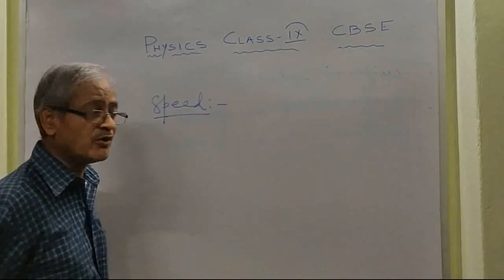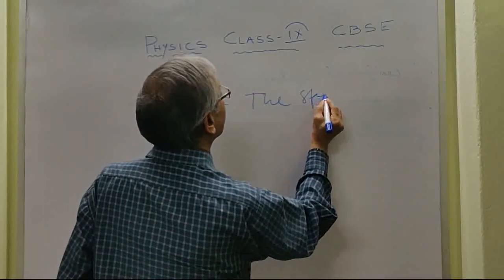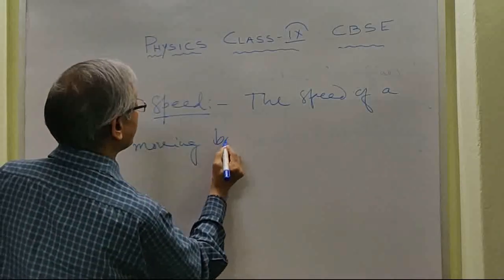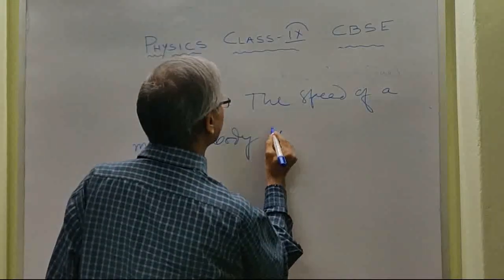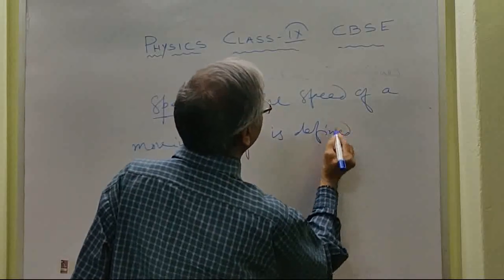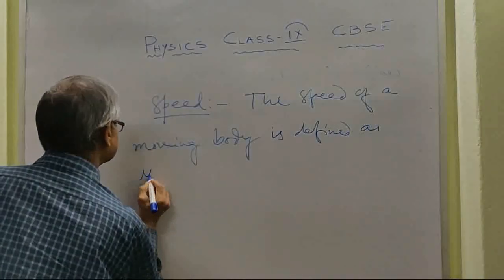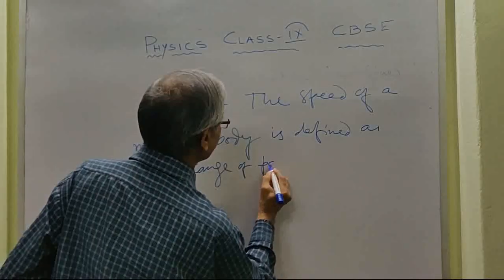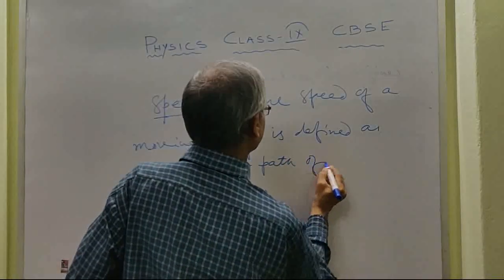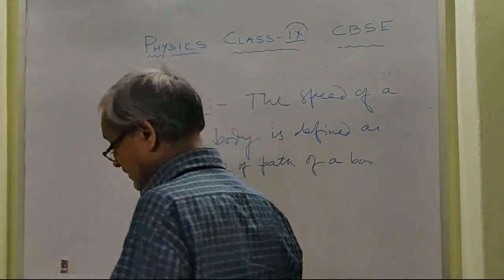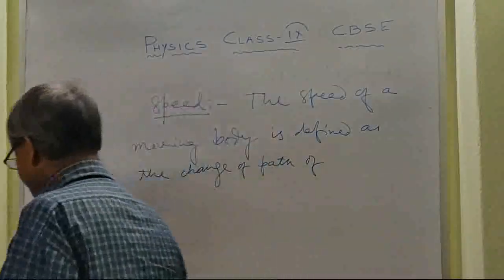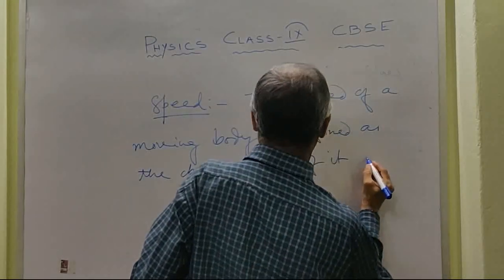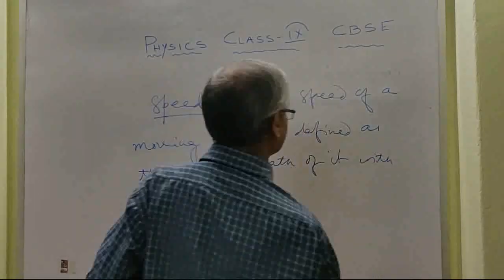The speed of a moving body is defined as the change of path of a body, change of path of it with time.